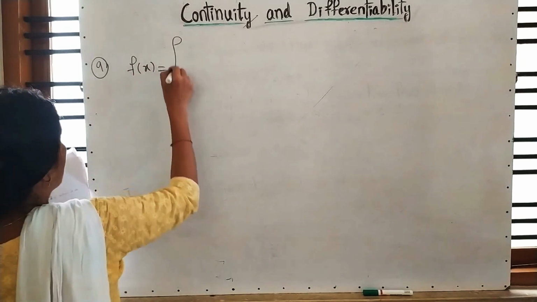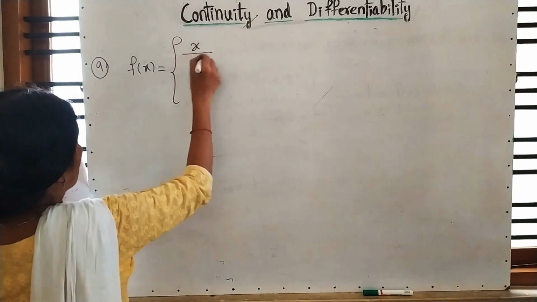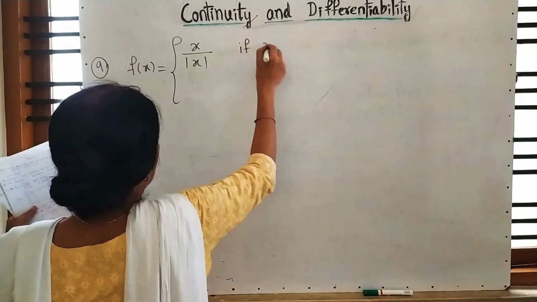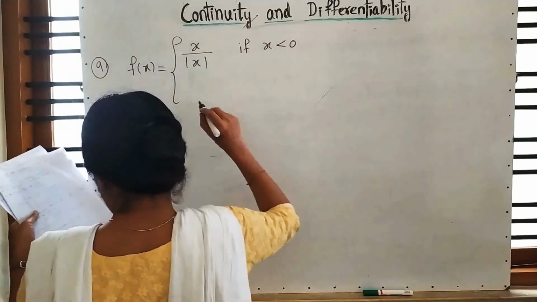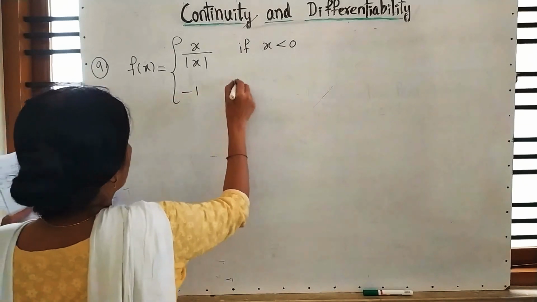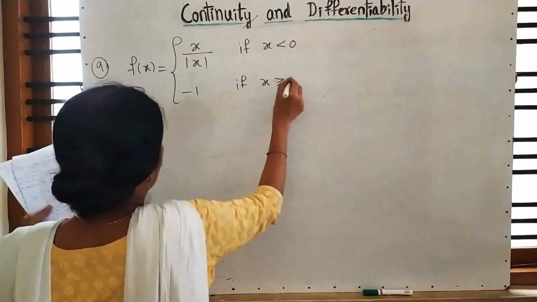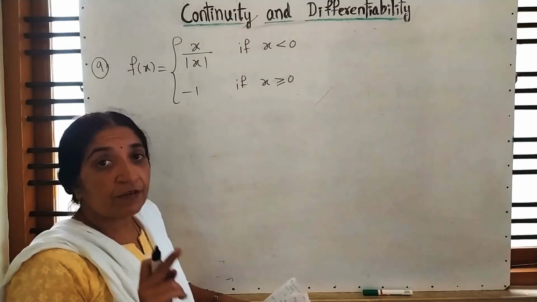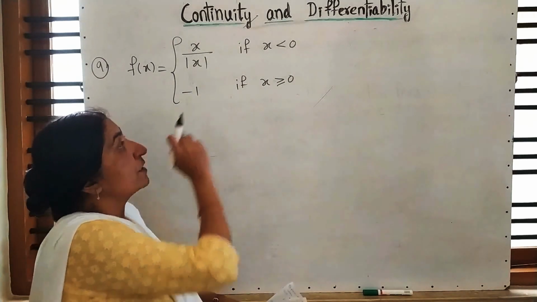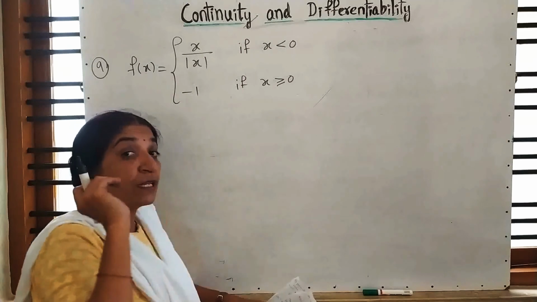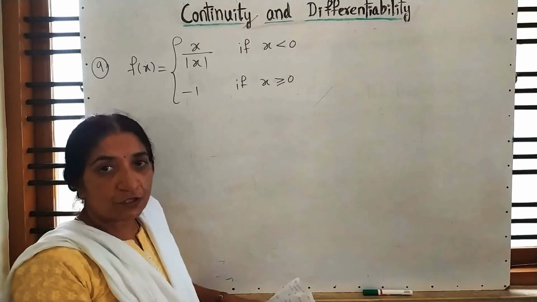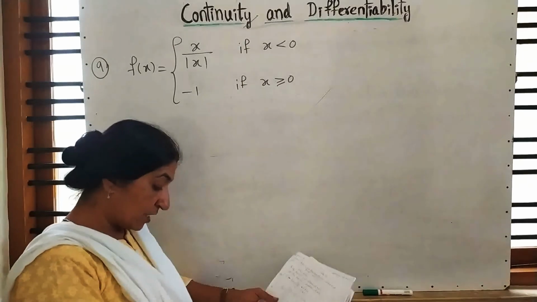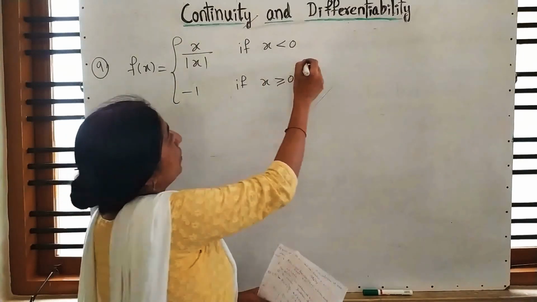F of x is equal to x upon modulus x if x is less than 0 and minus 1 if x is greater than or equal to 0. And students, don't define modulus definition here, because here the condition is less than 0 it's given. Understood? They are not equal to 0, that's why I am writing the definition of modulus. Directly you can write, but you can write like this.